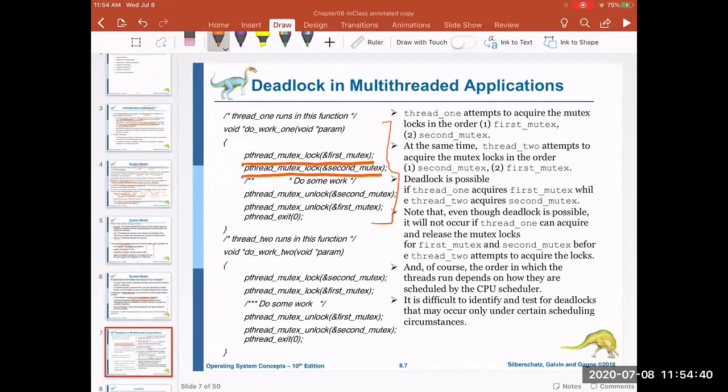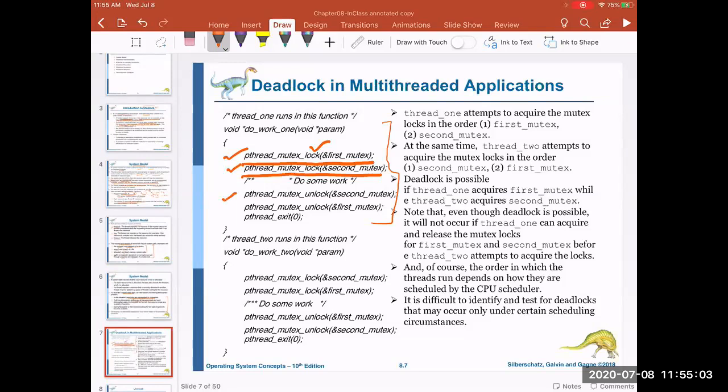After this is done, lock and unlock are used for requesting the mutex: first the first mutex, and then pthread mutex lock is used to acquire the second mutex, whereas unlock is used to release the mutex lock.